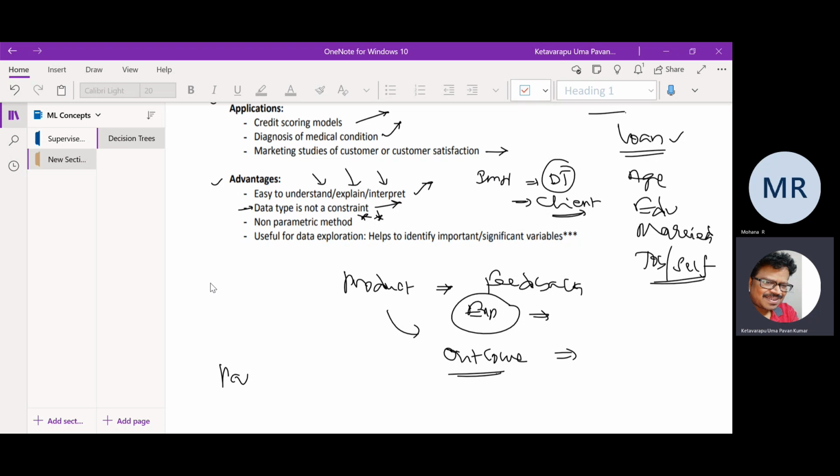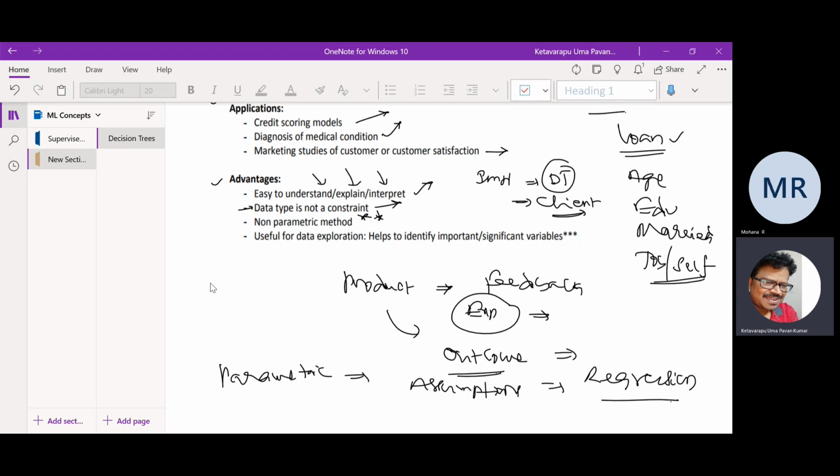Friends, here the term parametric is something like some assumptions we are having. Okay, especially if you are talking about regression, I will explain. But regression is having some sort of assumptions, guys. Those kind of assumptions generally push the user to assume some aspects, practically, whether they are feasible or not.